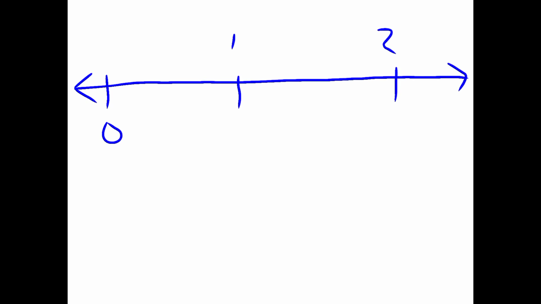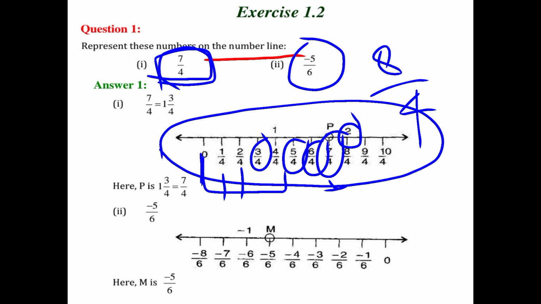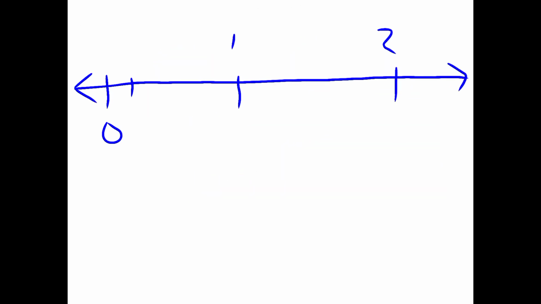We have to divide the one unit distance into four equal parts, because the denominator here is 4. 1, 2, 3, and this one is 4. Then 1, 2, 3 and this one is 4.